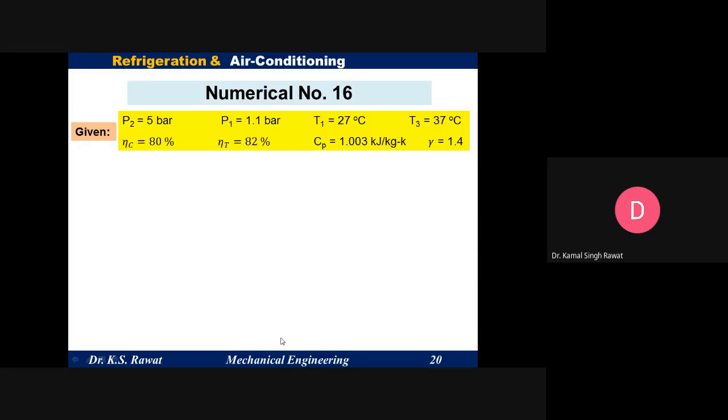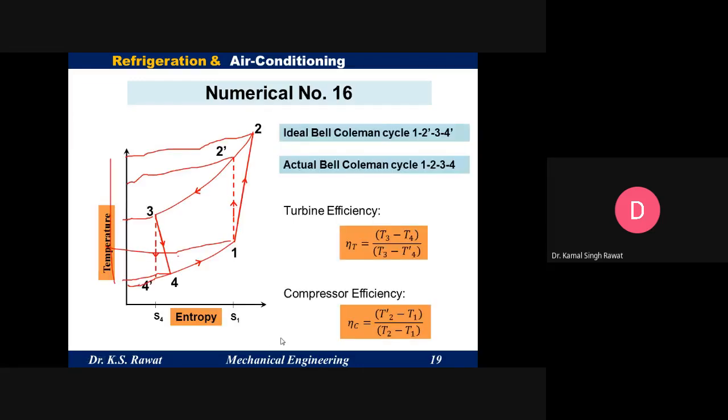One more thing was given, that is, was Q not given? Yes, sir, Q not, refrigeration effect, refrigeration capacity is 50 TR. Very good. Now we have to solve this question. Just again remember, what is your actual cycle?